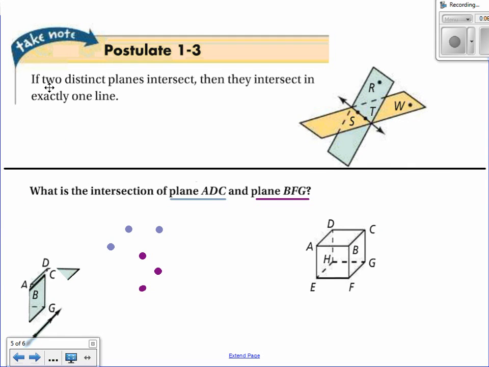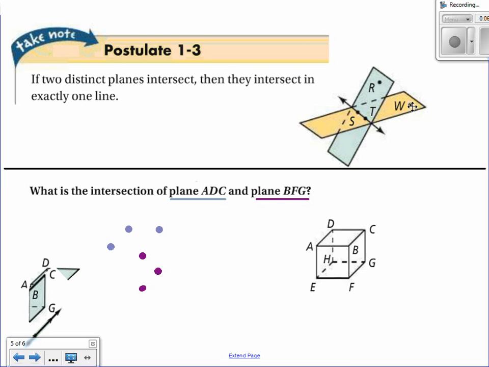Postulate 1-3 says, if 2 distinct planes intersect, then they intersect at exactly one line. Plane W intersects with plane R. Let's rename those.